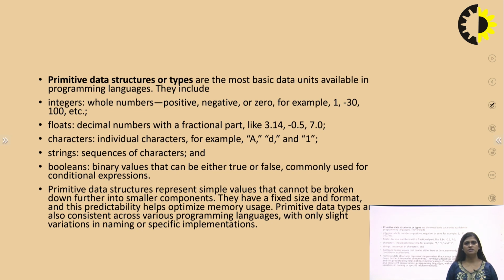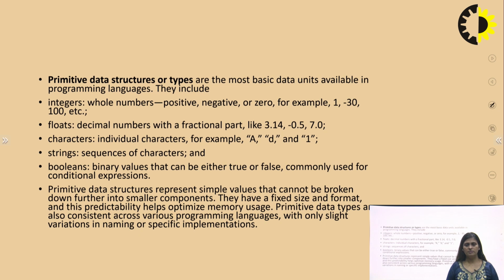String means a sequence of characters. A sequence of characters, for example hello. Next, boolean, a binary value that can be either true or false, commonly used for conditional expressions.